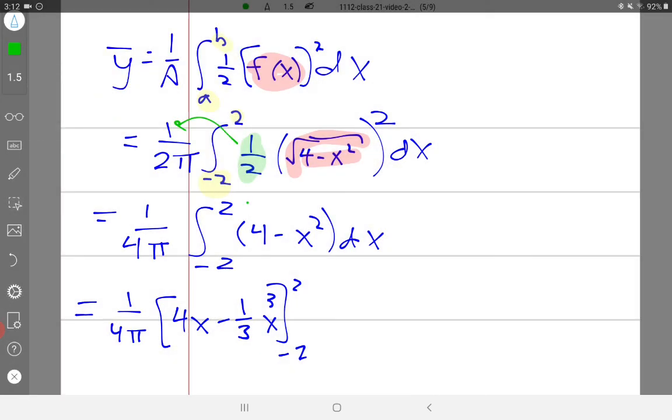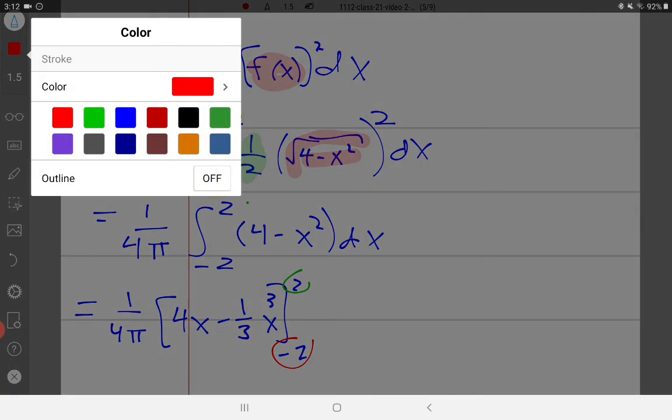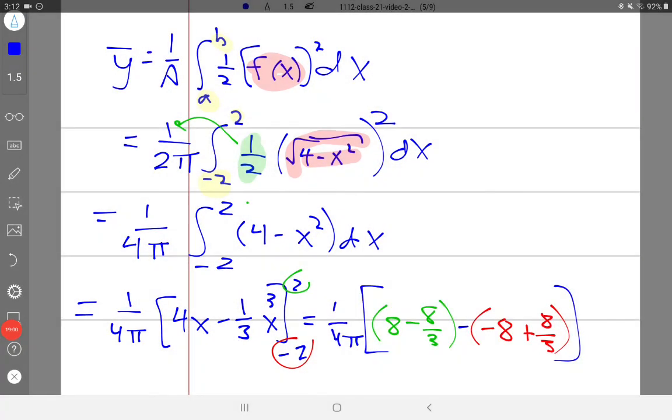And then let's plug in that 2 as the upper boundary and -2 as the lower boundary and see what we get. Notice I get the exact same numbers in the green and the red there, but opposite signs. So all of this is going to be 1 over 4 pi times, well, I have something minus the negative of itself.